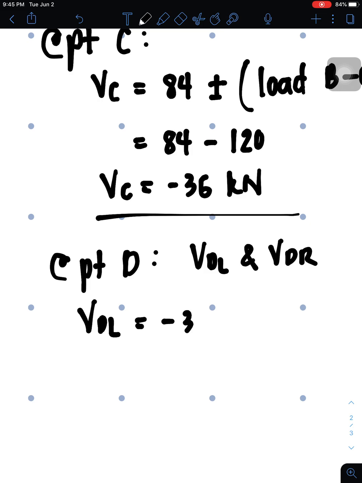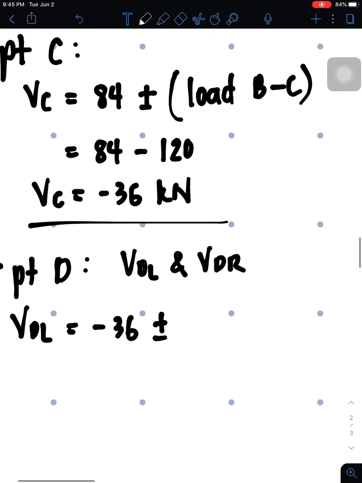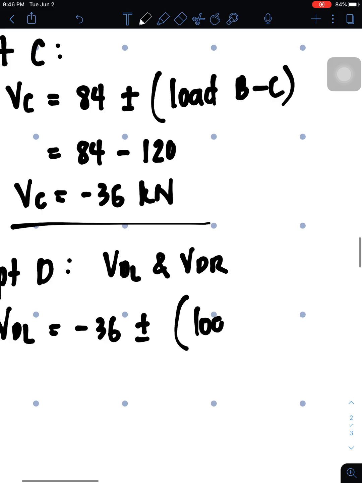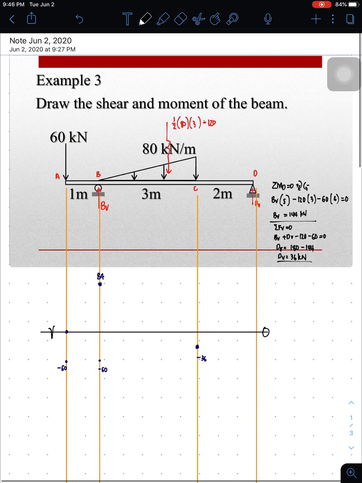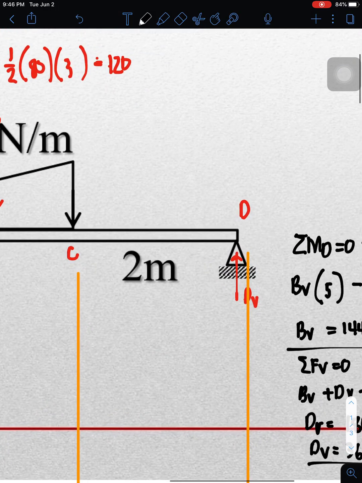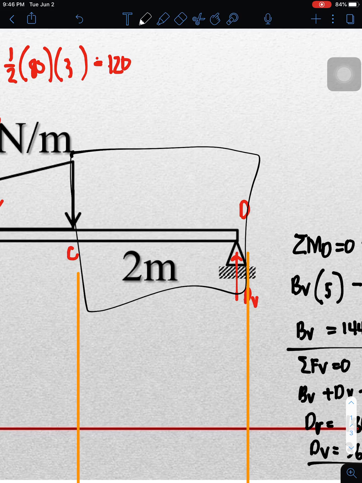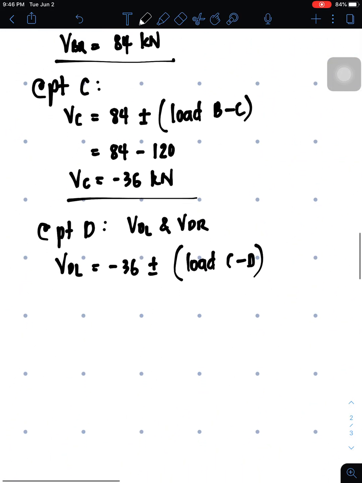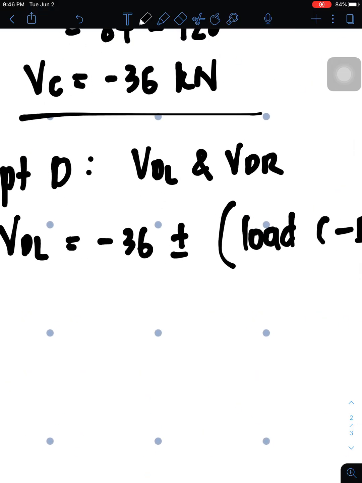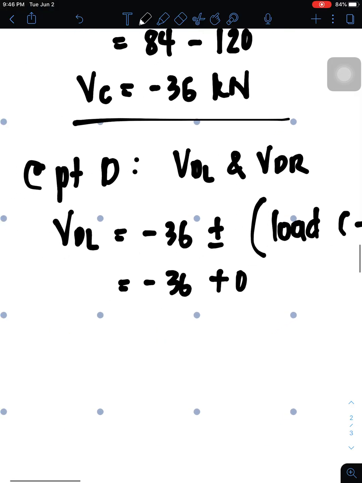Copy the previous value, which is negative 36, plus minus the load from C to D. The load from C to D here, there is none. So it's 0. So negative 36 plus 0. And VDL now is negative 36.